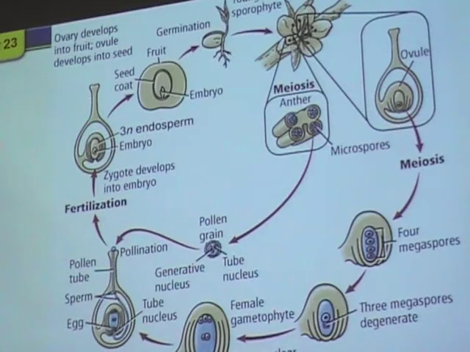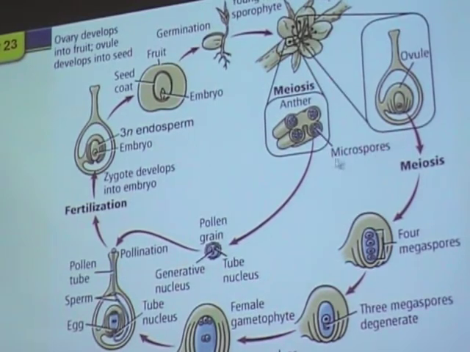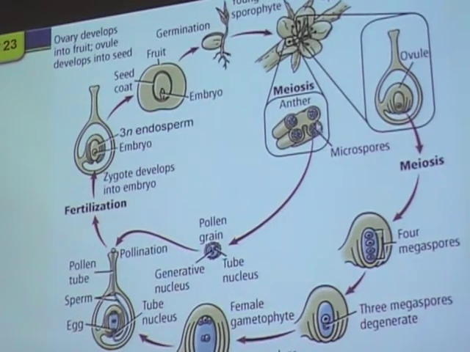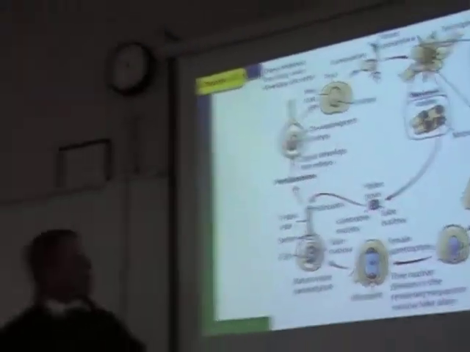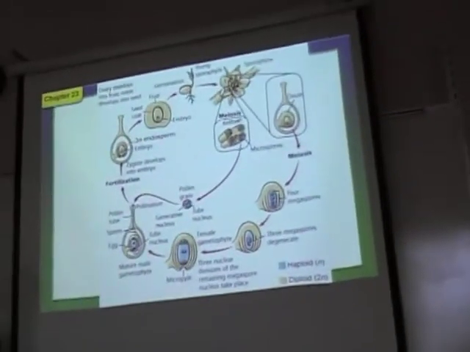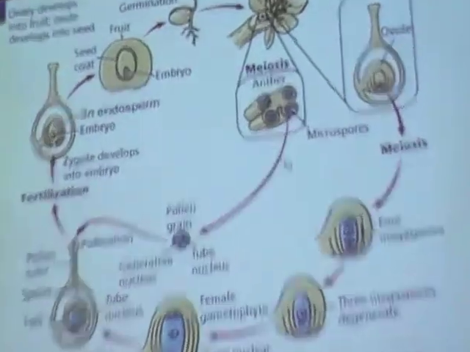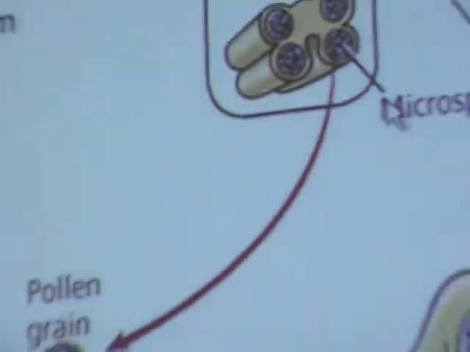So in the stamens, in the anther, there are spores produced called microspores. The spores are produced by meiosis.